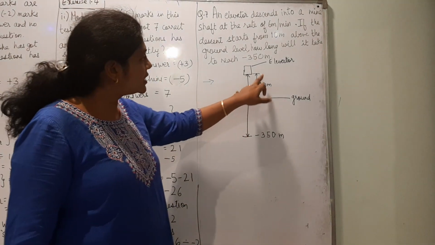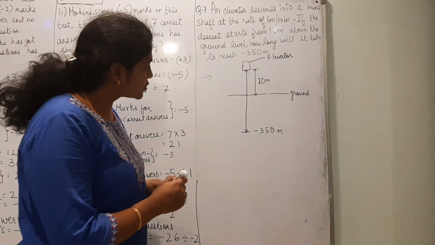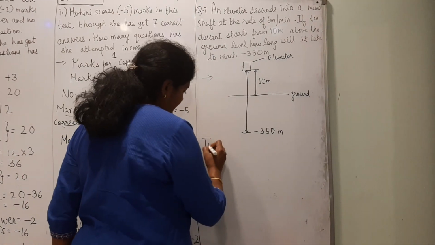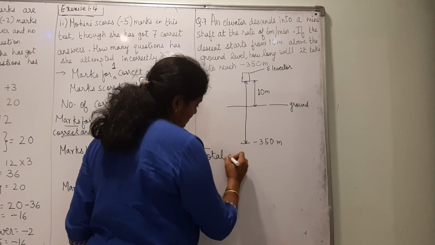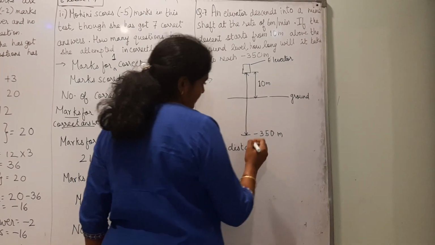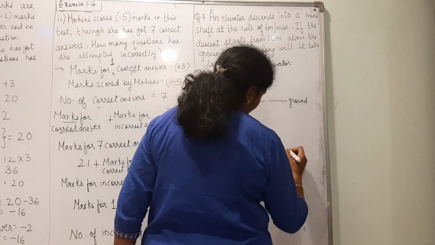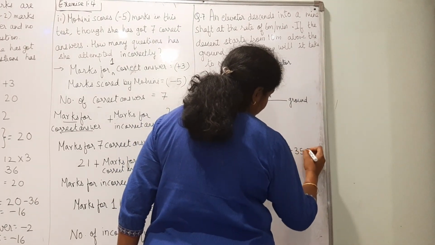So what I will do, I will find out this distance. So total distance is equal to 10 minus 350.